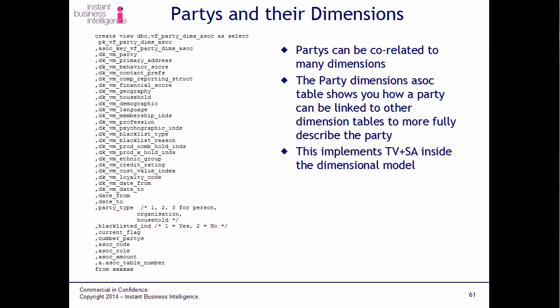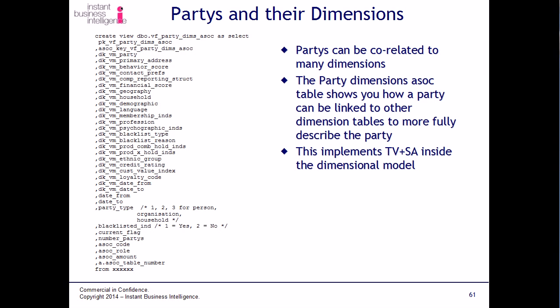In your demographics. So on the event of my 50th birthday, if we implemented the data warehouse, it would calculate a change in the demographic record. And what it would do is automatically close the party dimensions association for me for my old demographic record and open up a new one, linked to my new demographic record.